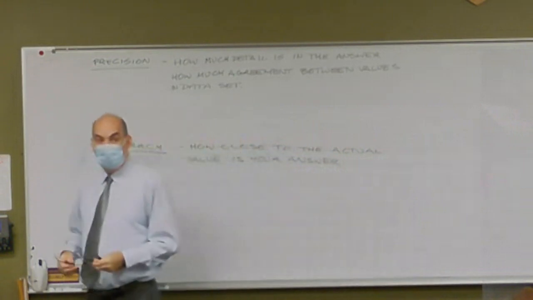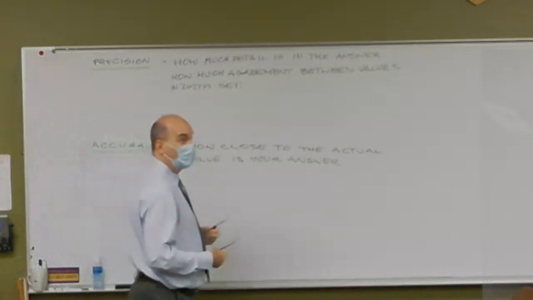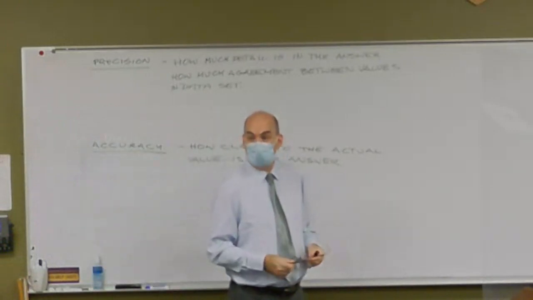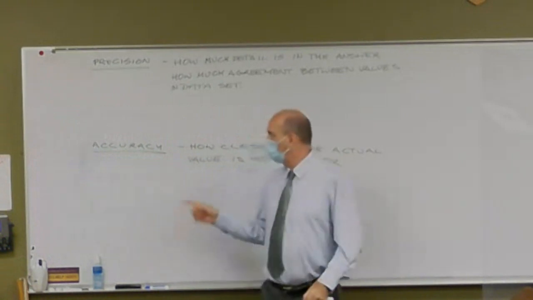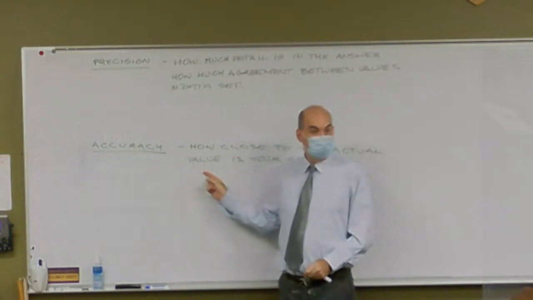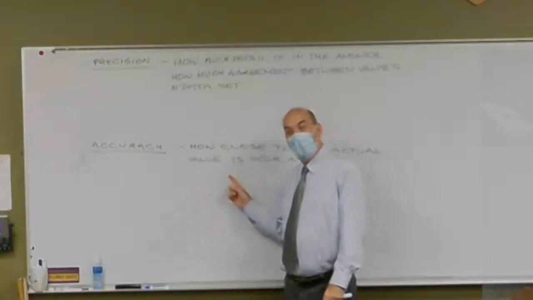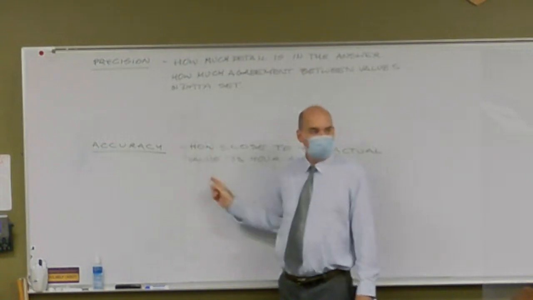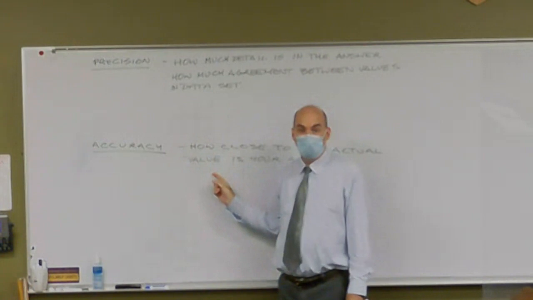If you told me that it was 12:01 and 18 seconds and 34 milliseconds in the PM, then your answer would be even more precise, but it would be wildly inaccurate. You've given me something with lots of detail that is nowhere near the actual value, the real value. So accuracy and precision don't have to be tied to one another at all.